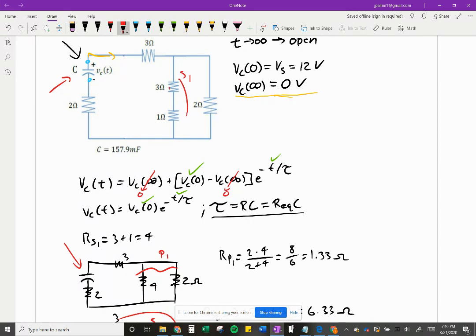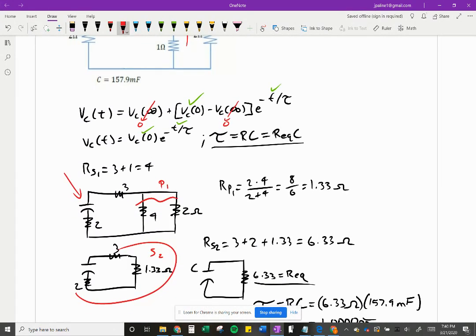Combine those down to get 1.33 ohms. Now I have 1.33 ohms, 3 ohms, and 2 ohms right there. Combine those three down by adding them together, 3 plus 2 plus 1.33, and that gives me only one resistance value. That is my R equivalent.